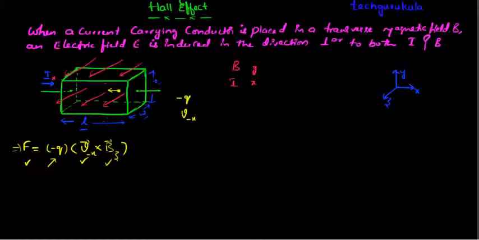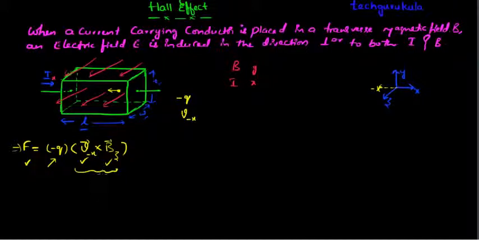Taking this into consideration, now this is moving in minus X direction and magnetic field is in Z direction, so the force will be in minus Y direction. Let us see here, this is in minus X direction, velocity, and magnetic field in Z direction. If you take cross product, minus X direction cross product to Z direction, you'll have Y direction, right?